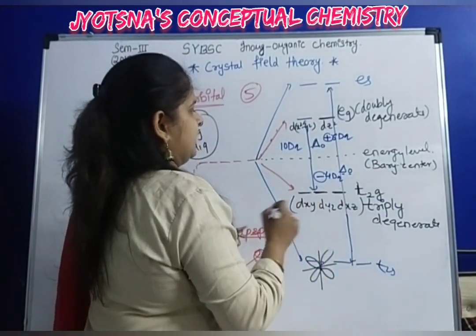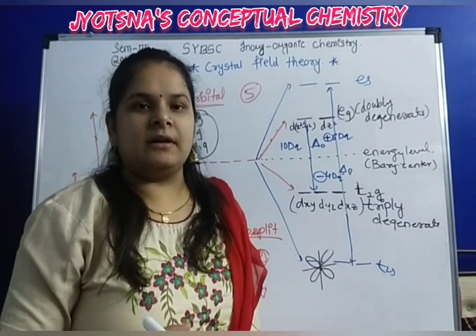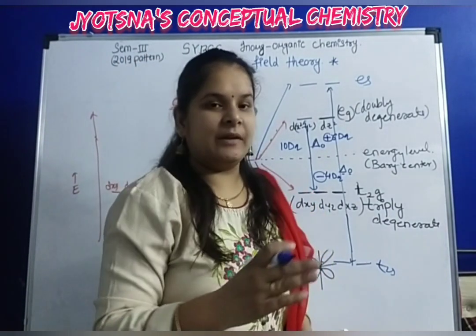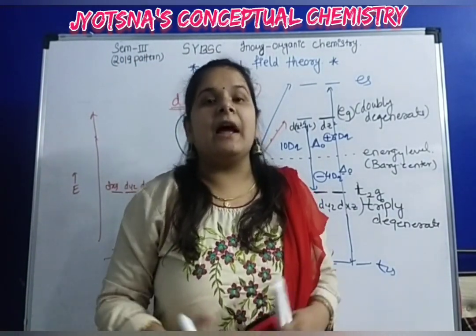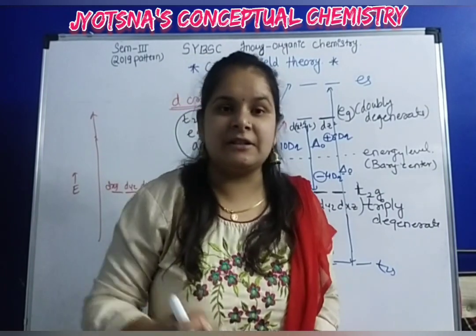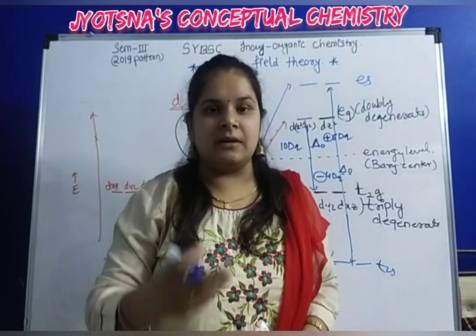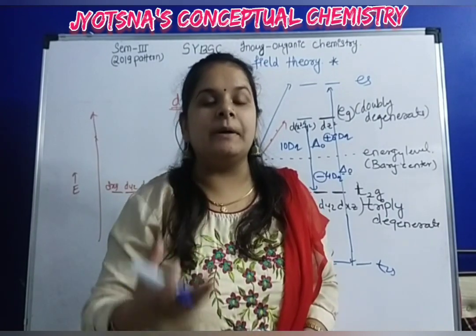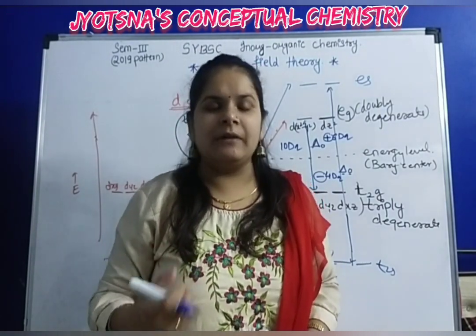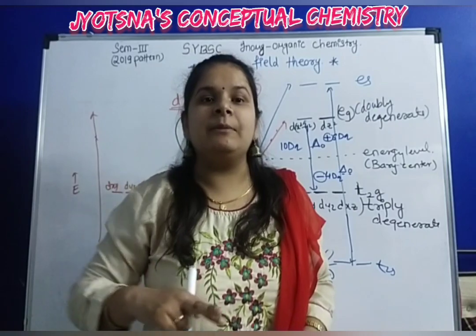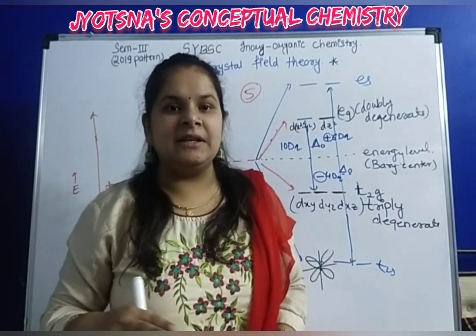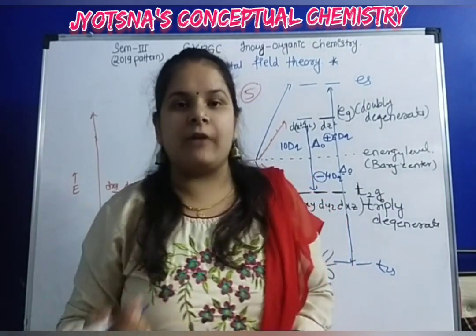Now we will see which type of ligand came, that is, what a strong field ligand is and what a weak field ligand is, and in which type the electrons will pair or not pair. We saw two examples in VBT, the tetrahedral and the square planar structure.